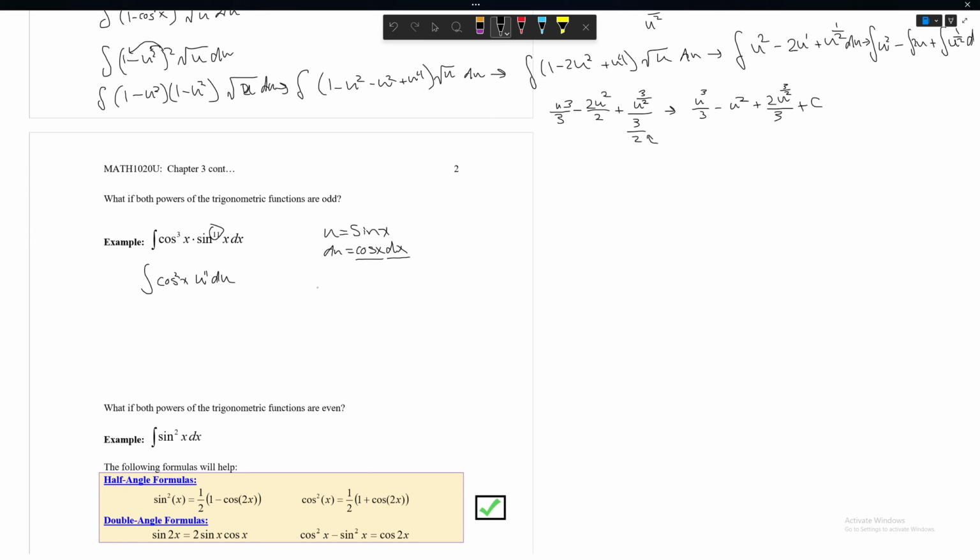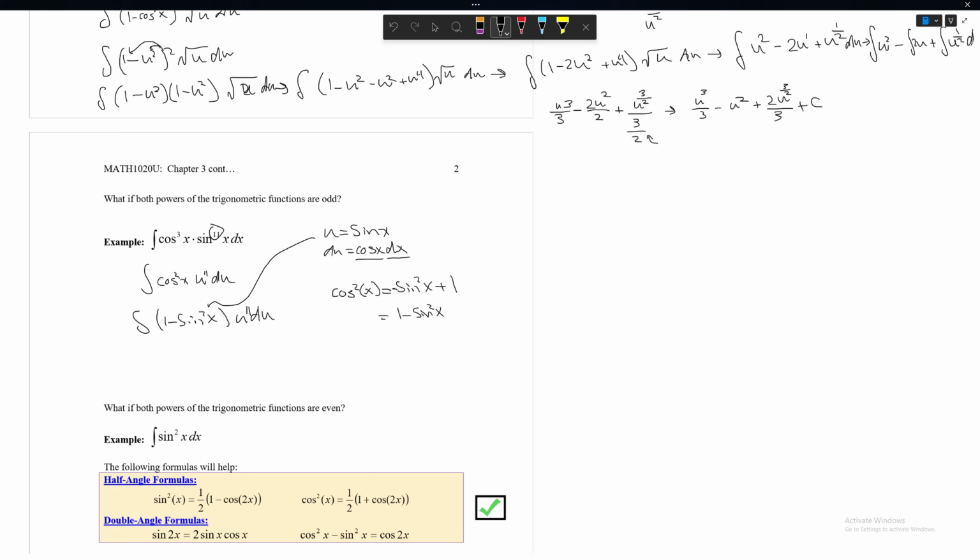Now what can I do here? Same thing. We'll use cos squared x equals negative sine squared x plus 1, or if I rewrite this, 1 minus sine squared x. Now if I replace this, what I'll have is 1 minus sine squared x, u to the 11.